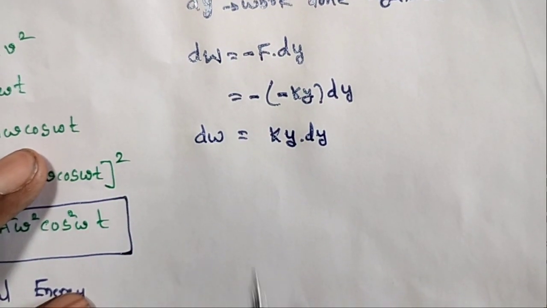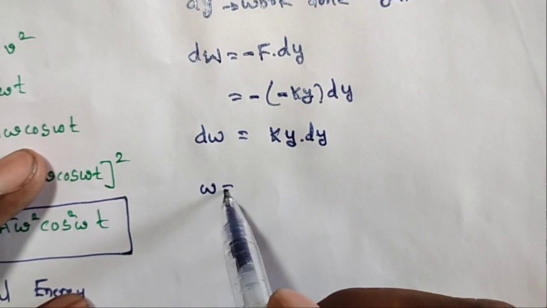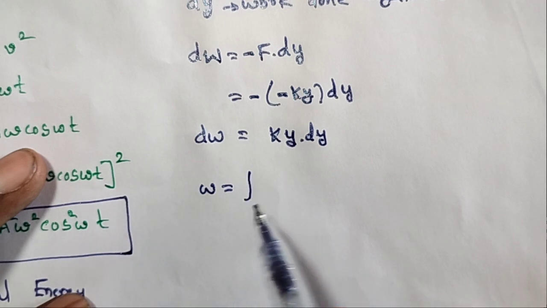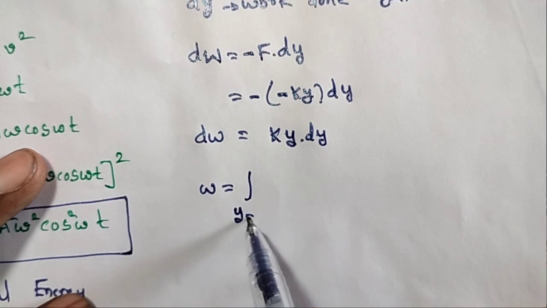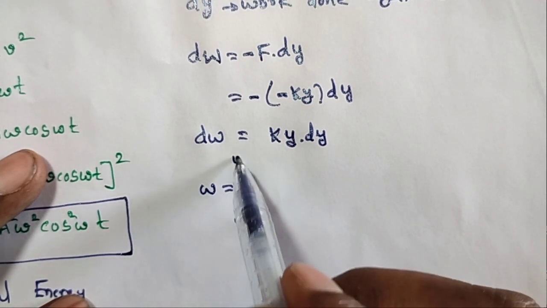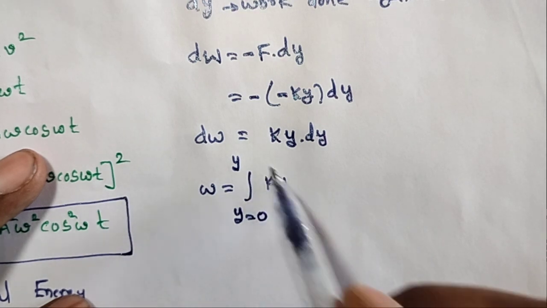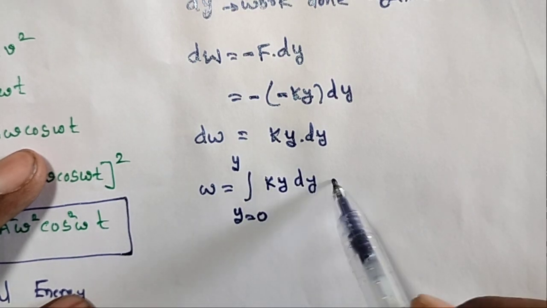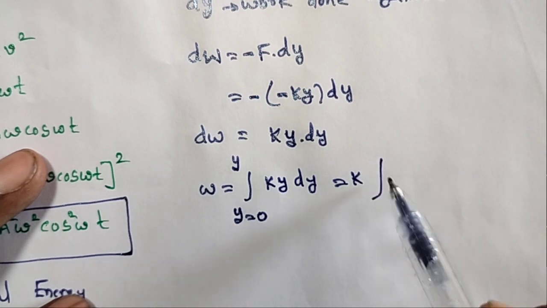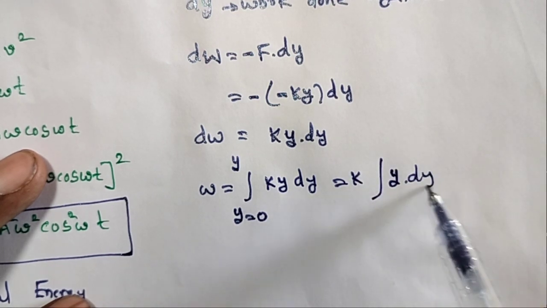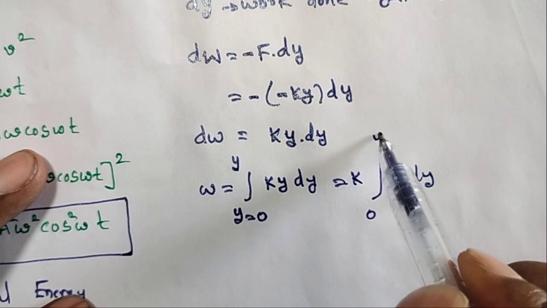The total work done W is equal to the integral. What are the limits? y is equal to 0 to y, taking k y dy. So k goes outside the integral, y dy from 0 to y.